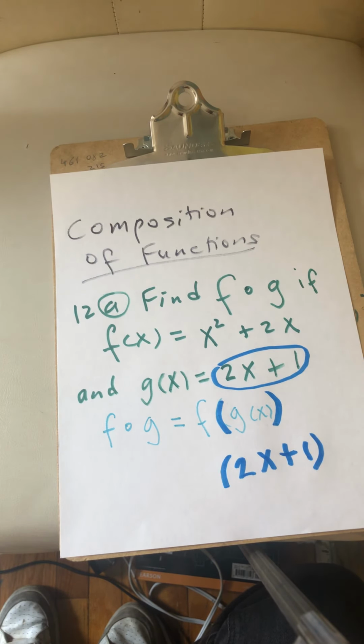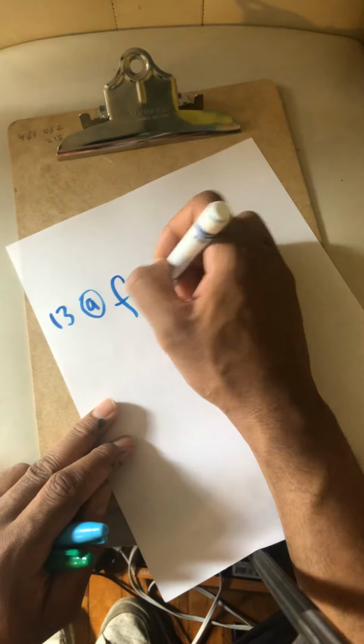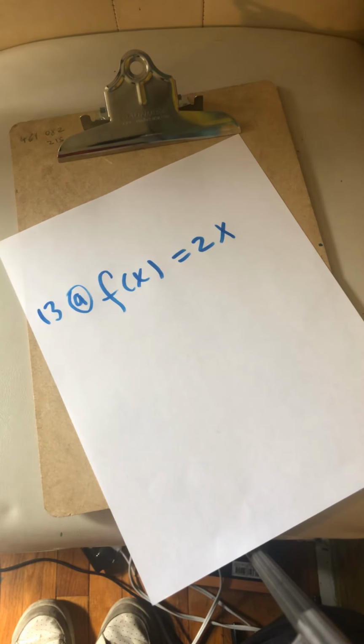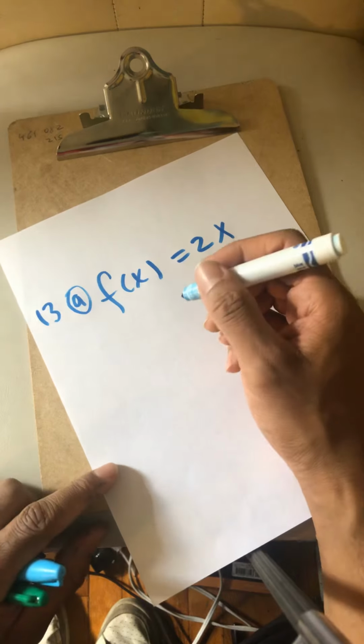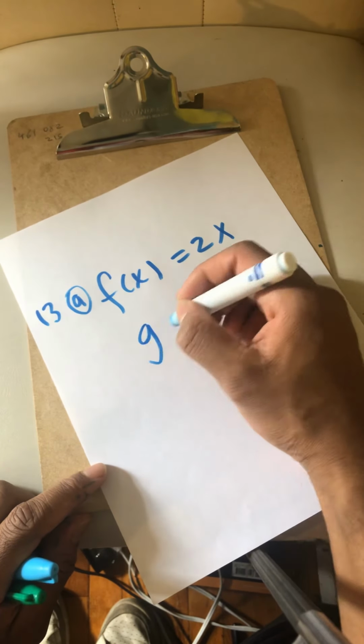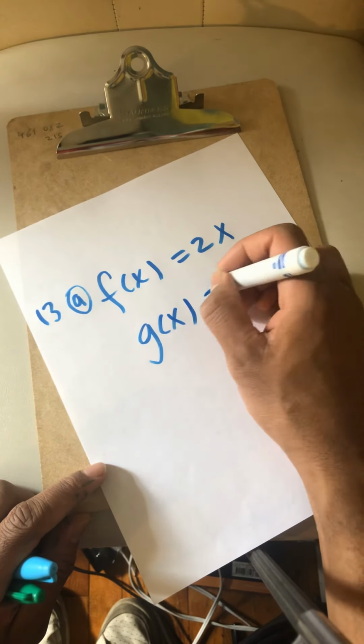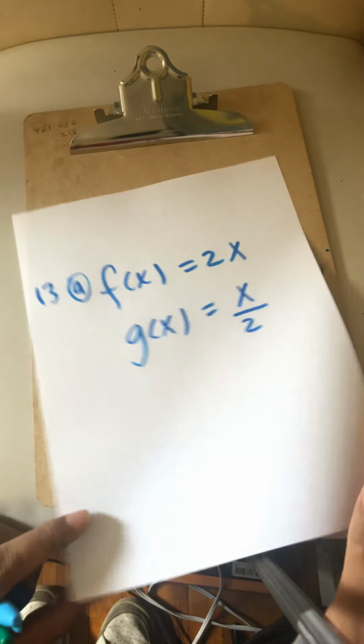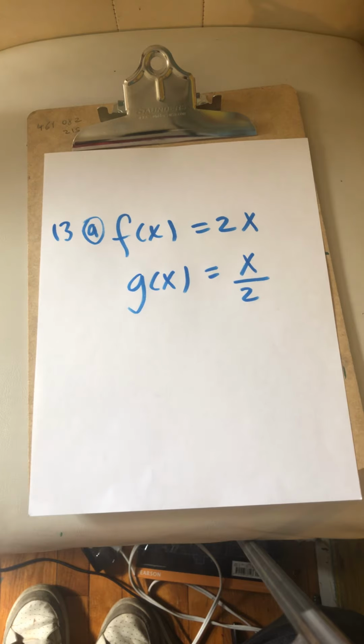Number 13, A. I start with f of x is equal to 2x, and I want to prove that these two are inverses of each other. So I have f of x equals 2x and g of x is equal to x over 2. In class I said 1/2 x, same thing. My job is to prove that these two functions are inverses of each other.